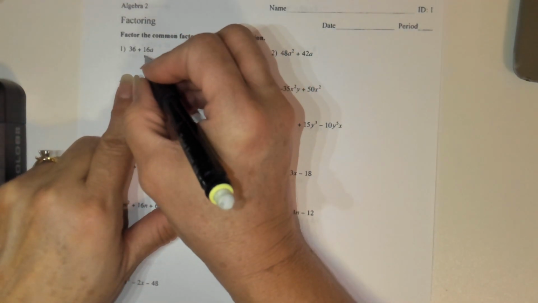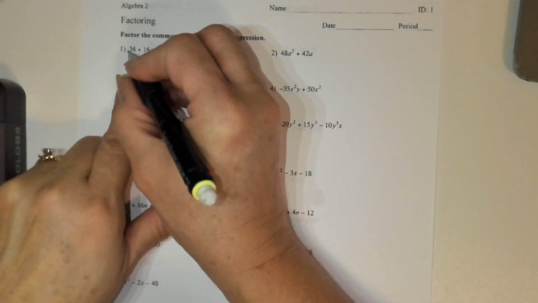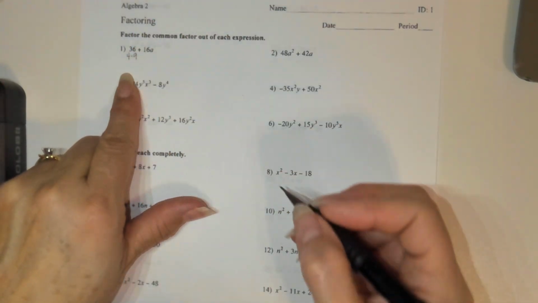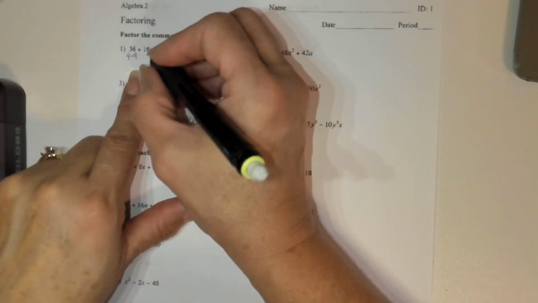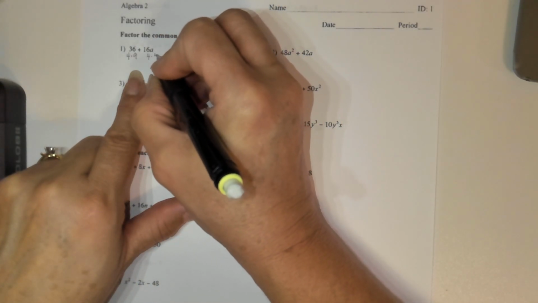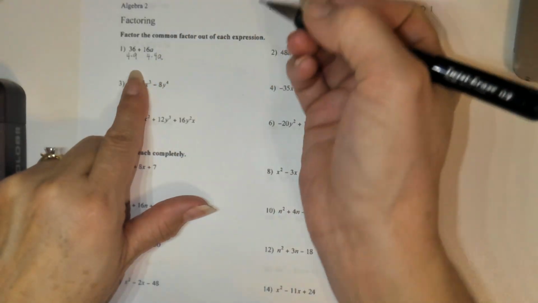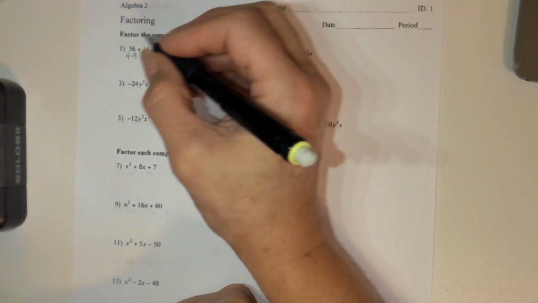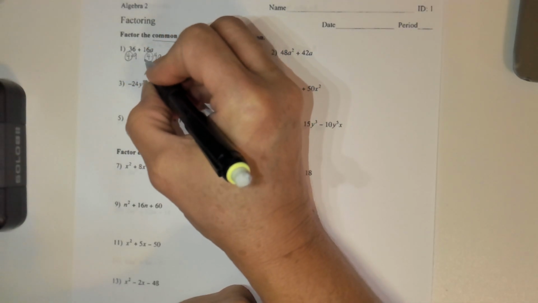And problem number 1, if you are looking at it and you think about numbers that multiply to make 36 is 4 times 9, and numbers that multiply to make 16a is 4 times 4a. What they have in common, the greatest common factor, would be a 4.